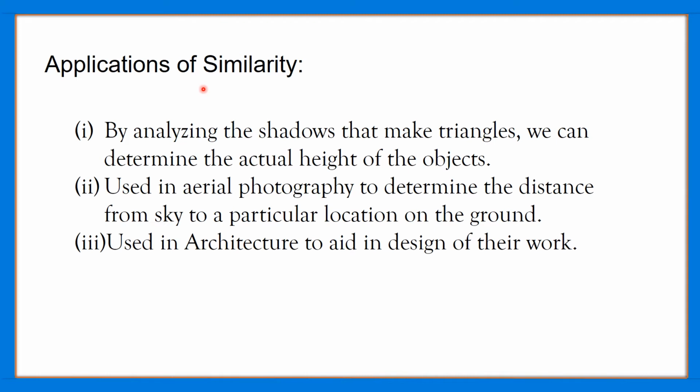That is, if you are on a road and you are able to see a shadow of yourself on the road which forms a triangle, then by using the concept of similarity, you will be able to find your height. Similarly, similarity is used in aerial photography in order to determine the distance from the sky to a particular location on the ground. It is also used in architecture to aid in the design of their work.